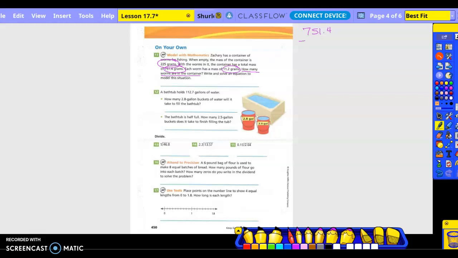We're subtracting, right? So minus 225. So 4, this becomes an 11. This becomes a 4. So 6, 2, 5. Is that right? Okay. And then what am I going to do now?